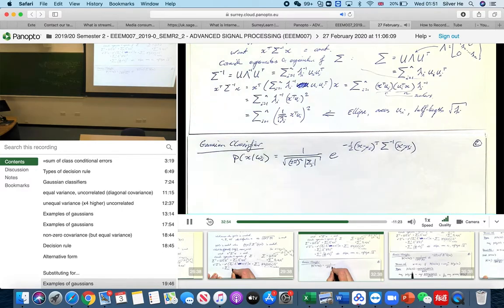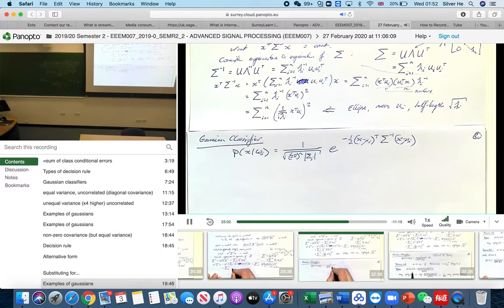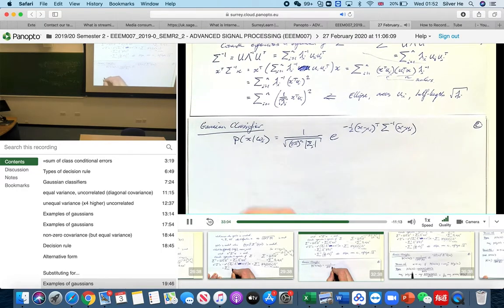By the end of this module, you'll have got quite used to writing this equation. It comes up a lot. So we want to build a decision rule for this. Decision rule.